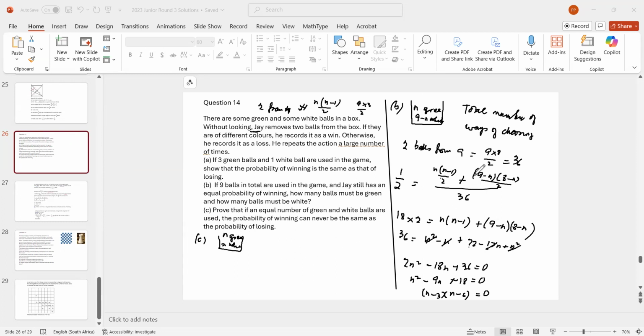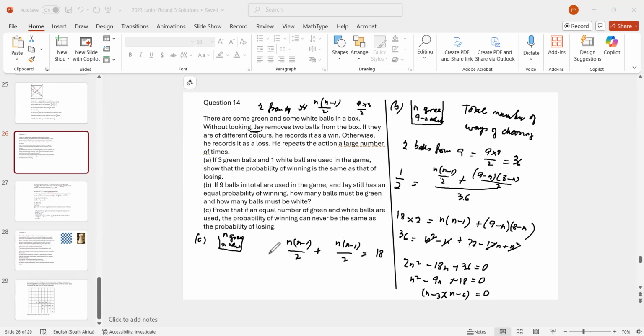So this time, this numerator now becomes very similar. It will be n times n minus 1 over 2 plus, you got the same number here. So it's n into n minus 1 over 2. Right? And if it's equal to half, you're going to get that this is equal to, again, 18. 36 over 2 is 18.